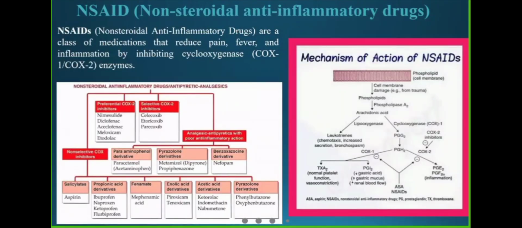Now, this arachidonic acid will convert into prostaglandins with the help of the enzyme cyclooxygenase, which is COX-1 and COX-2. NSAIDs inhibit this COX enzyme and decrease the conversion of arachidonic acid into prostaglandin, eventually decreasing the level of prostaglandins.